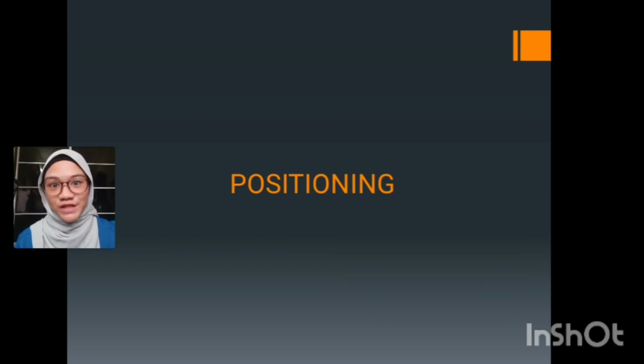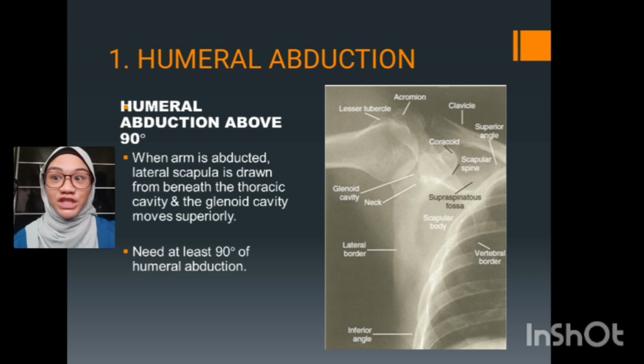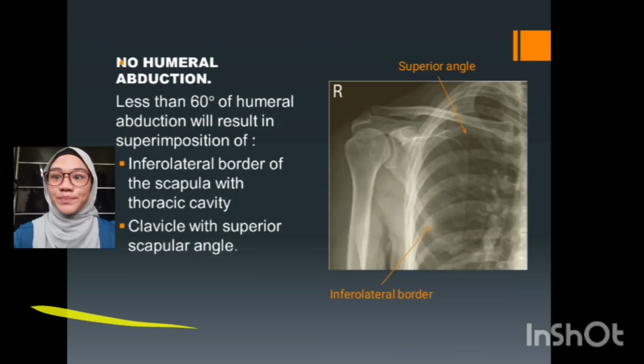Next, we check the positioning. First, the humeral abduction: above 90 degrees. When the arm is abducted, the lateral scapula is drawn from beneath the thoracic cavity and the glenoid cavity moves superiorly. It needs at least 90-degree abduction. So when you abduct the patient's hand above 90 degrees, it will pull the scapular body away from being superimposed by the thoracic cavity.